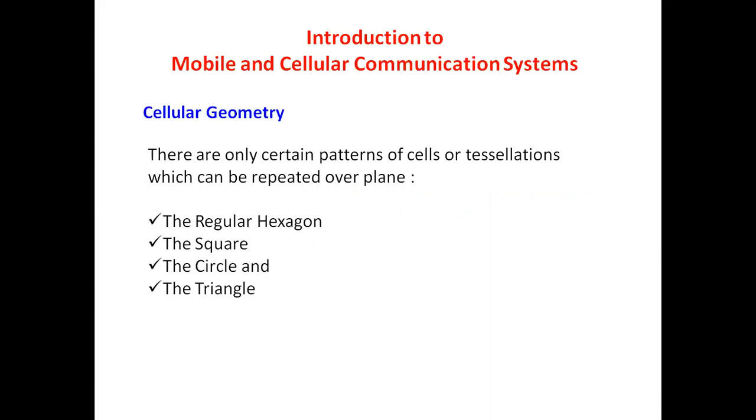There are only certain patterns of cells which can be repeated over planar: the regular hexagon, the square, the circle, and the triangle.